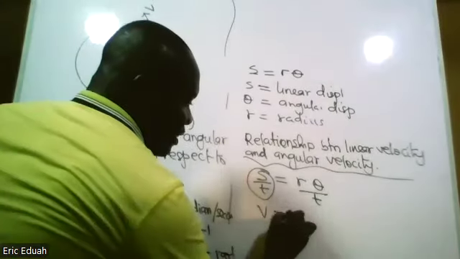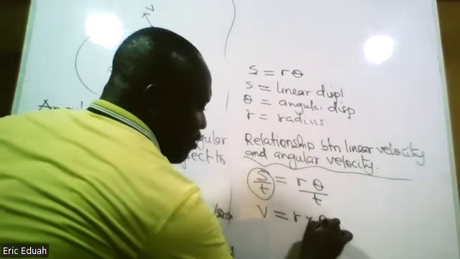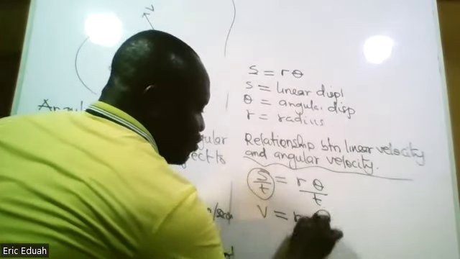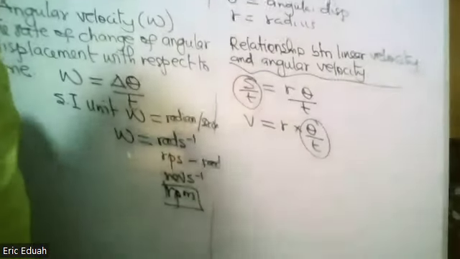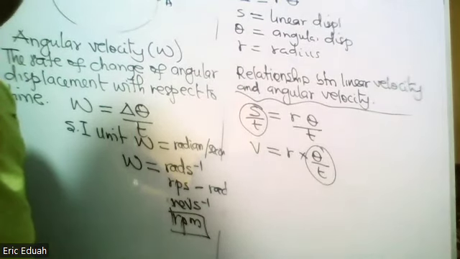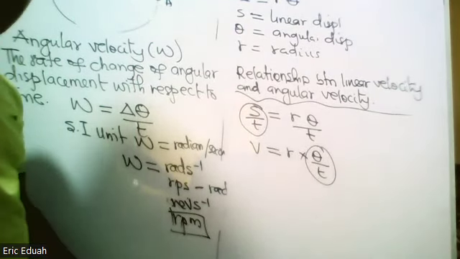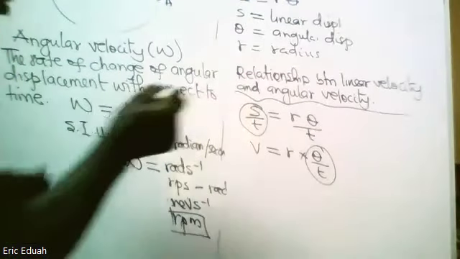Then you have r times theta over t. What is theta over t? Omega, the angular velocity.